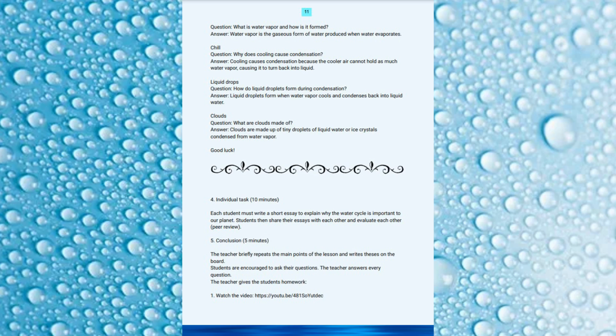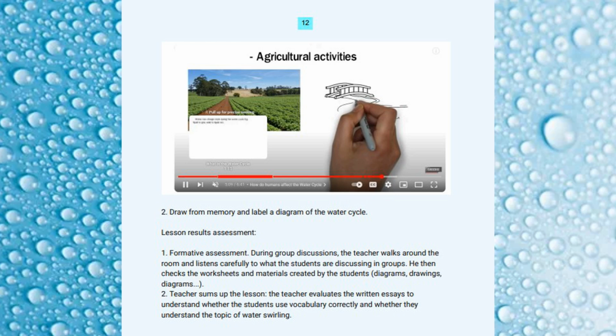The teacher briefly repeats the main points of the lesson and writes theses on the board. Students are encouraged to ask their questions. The teacher answers every question. The teacher gives the students homework. Watch the video. Draw from memory and label the diagram of the water cycle.